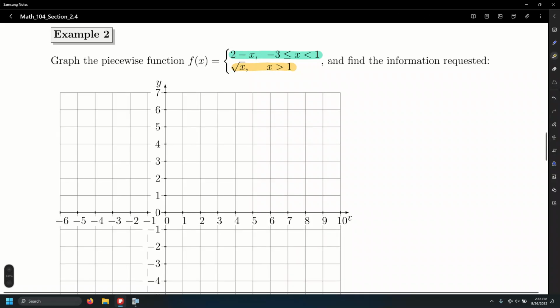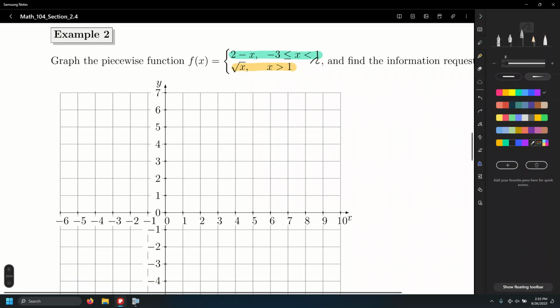Notice the restriction for the 2 minus x. Although the 2 minus x pretty much has an unrestricted domain, it's a linear function, that condition just next to it is telling us that we can only input values between -3, actually including the -3 because it has a less than or equal, and all the way up to 1, however, without including the 1 because we have the less than only. If we had the equal part here, then we would include it and it would look solid.